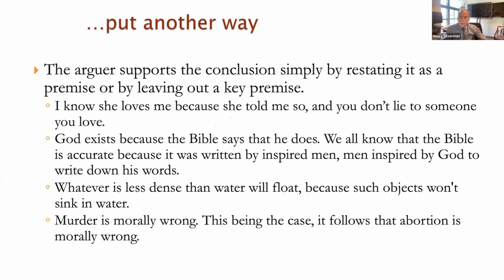So the last one on this slide: murder is morally wrong. This being the case, it follows that abortion is morally wrong. Well, the conclusion follows the premise: murder is morally wrong, abortion is morally wrong.